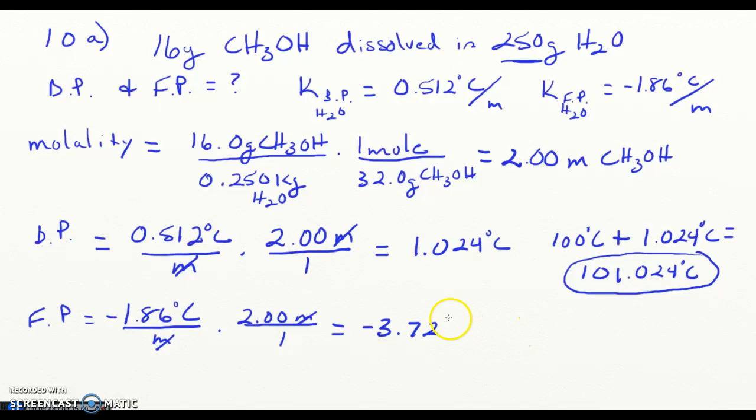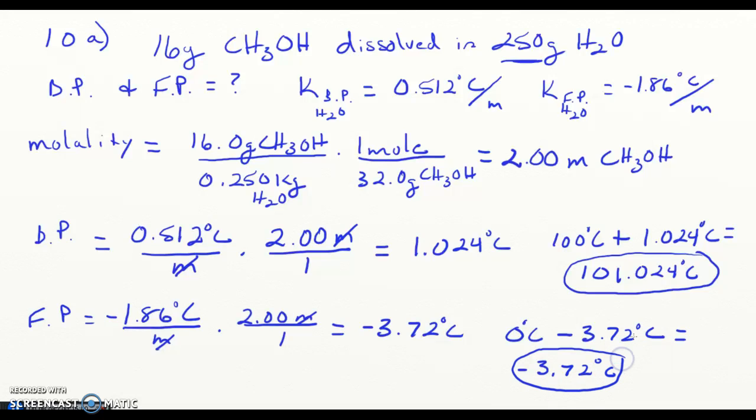And then the normal freezing point for water is 0 degrees Celsius, and then you're going to add this, so it means minus 3.72 degrees Celsius. So that gives us a new freezing point of negative 3.72 degrees Celsius. Look at that.